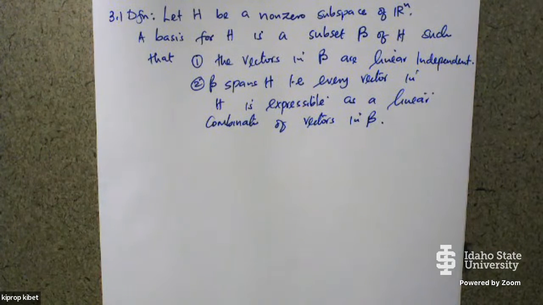So that is actually the definition of basis, which we've already defined for the whole space. If we take that small section H, and take beta to be the basis of H, then for it to be a basis, it must be linearly independent and it spans H, meaning it is a linear combination.